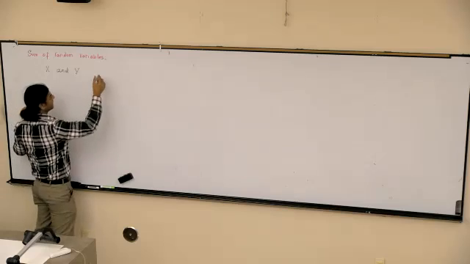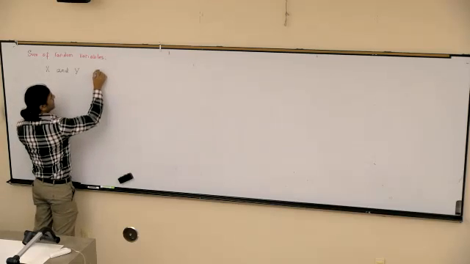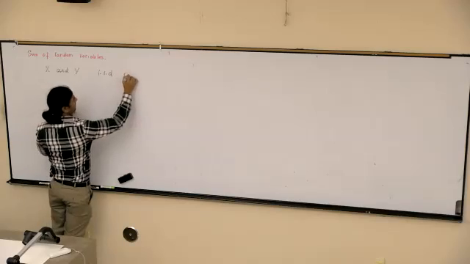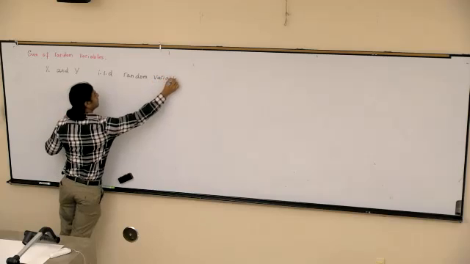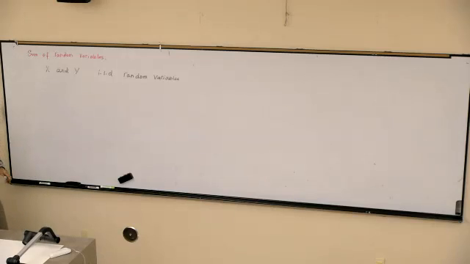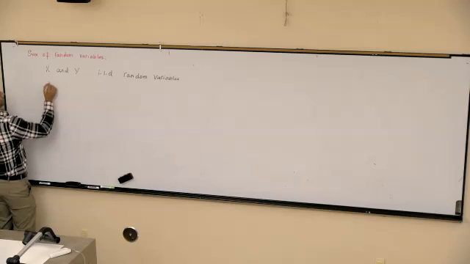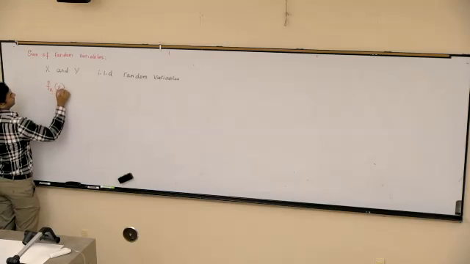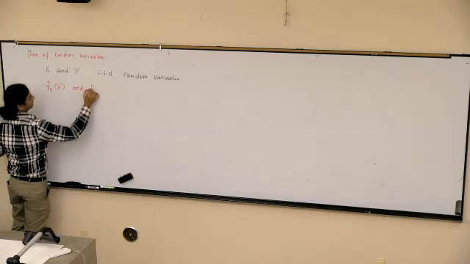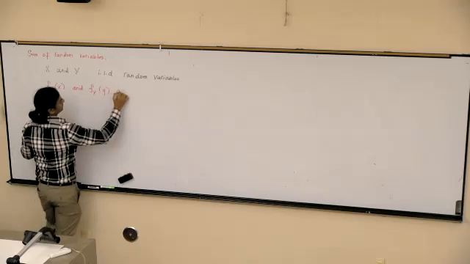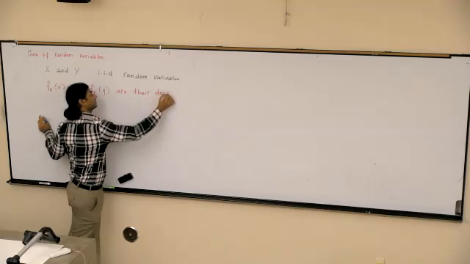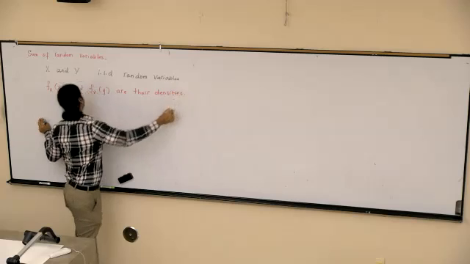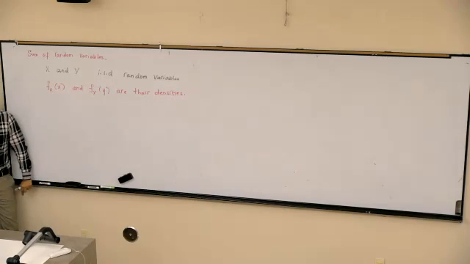So X and Y are IID random variables. Fx of x and Fy of y are their densities.